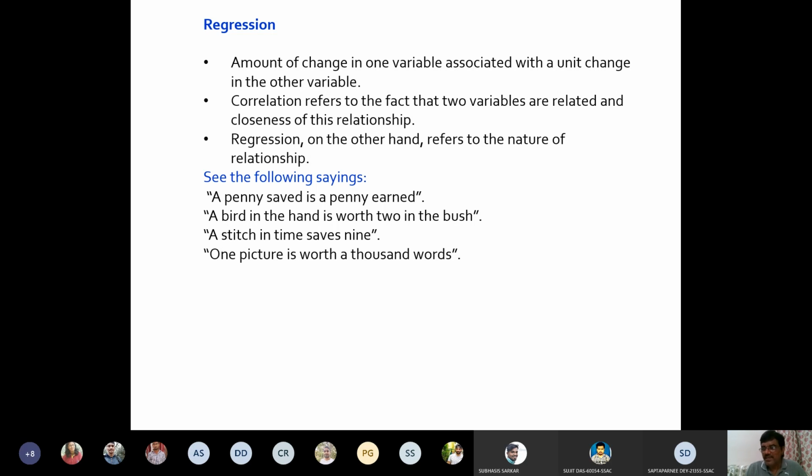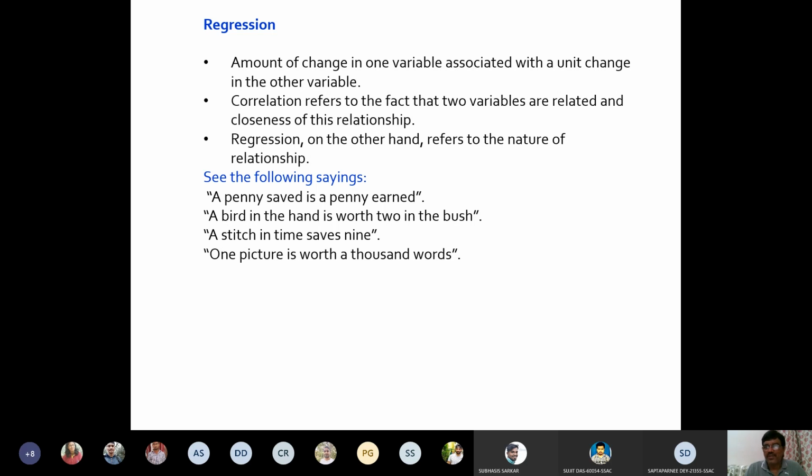In the simplest form, that is regression. If you make a unit change in the x variable, the independent variable, then how much is the change in the dependent variable, y? To know it, we go for regression analysis. So it is actually the nature of the relationship between two variables.